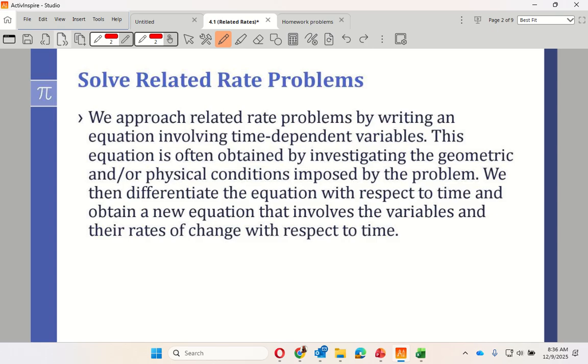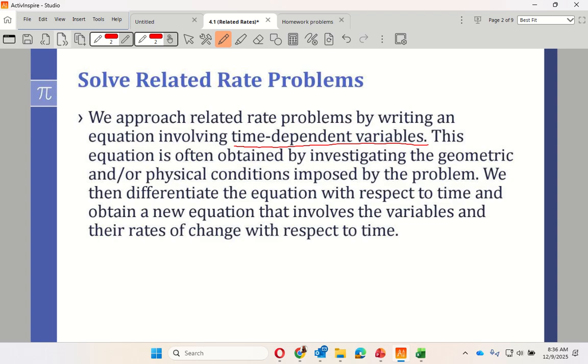So, to solve a related rate problem, approach it by writing an equation involving time-dependent variables. That means we have to have what variable in every single problem? T. Is there going to be a T in my problems?